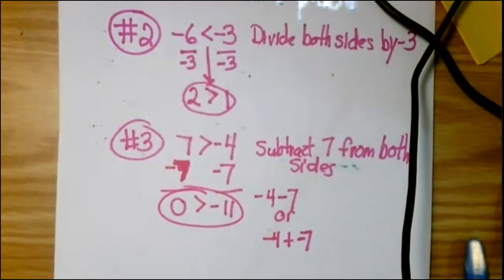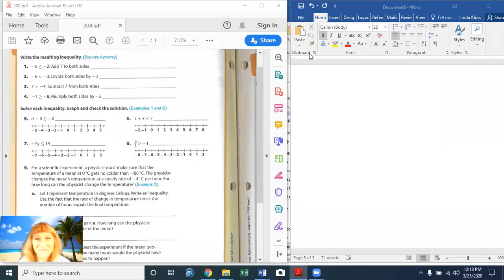Okay, the next one I want to do is number 5. I think I might go back on the screen for that one. Okay, we're going to do this one on the screen. So I'm going to bring down my tools here and move those over a little bit.